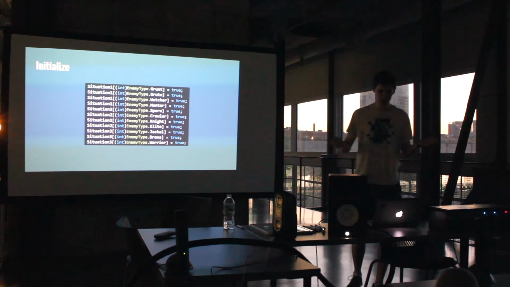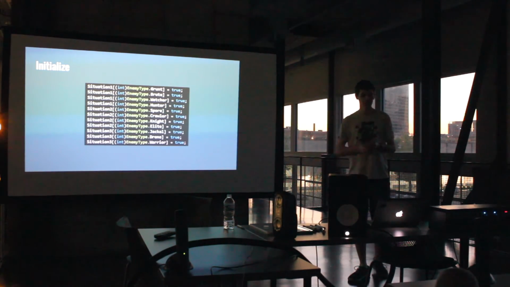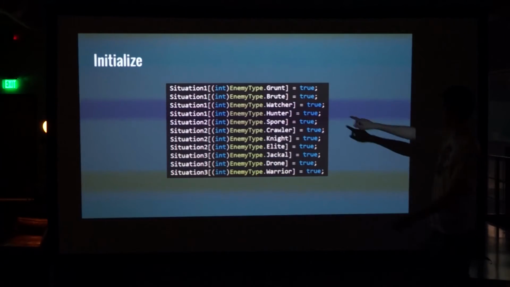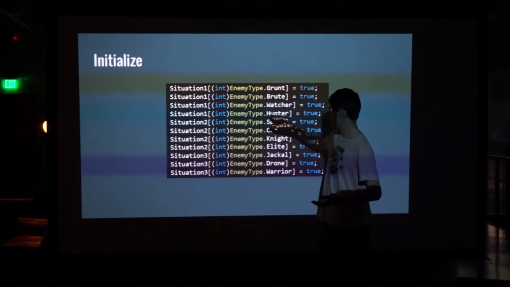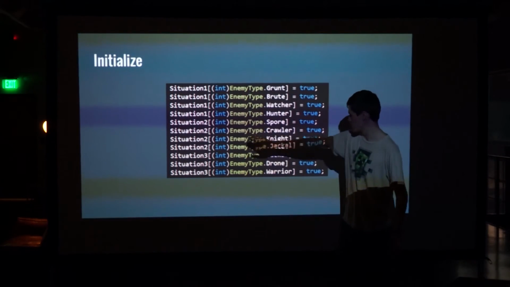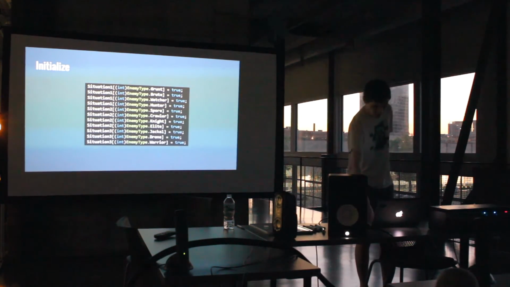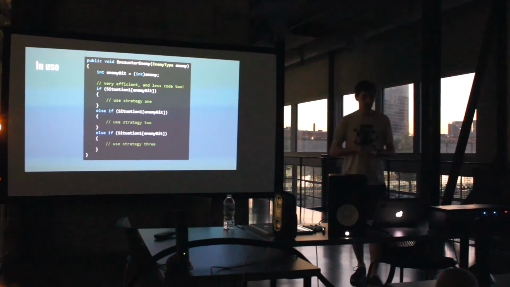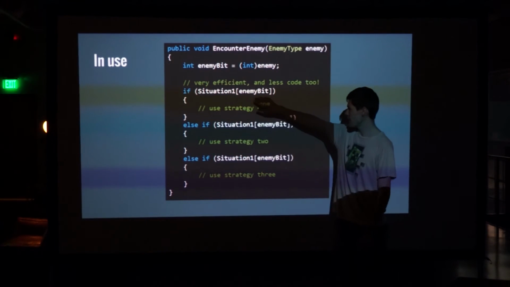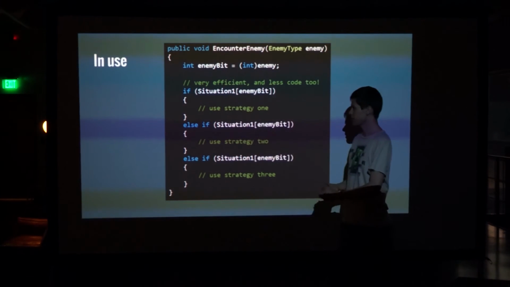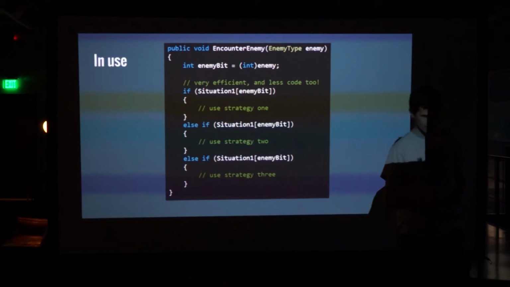Then, which is kind of verbose, you can go and specify: grunt corresponds to situation 1, brute corresponds to situation 1, watcher 1, crawler 2, jackal 3, etc. So you're pairing them that way. And finally, the result is very similar. You can just say, all right, we encountered this enemy, and then we can feed that enemy into our situation, and it'll tell us if it was set or not.